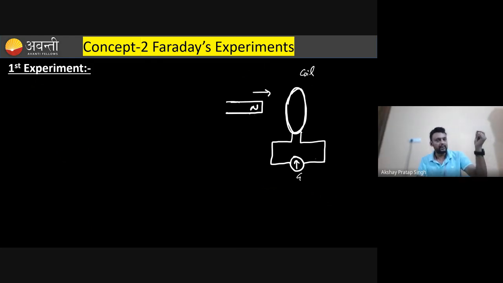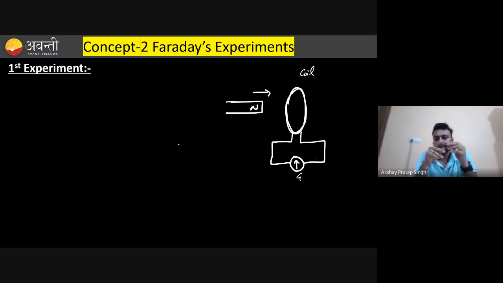Once he brings the magnet, then takes it back, brings it, takes it back, whenever he brings the magnet, a deflection is observed in the galvanometer. When he returns the magnet to its original position, he observes a deflection opposite to the initial deflection. Try to note down these observations in your mind.